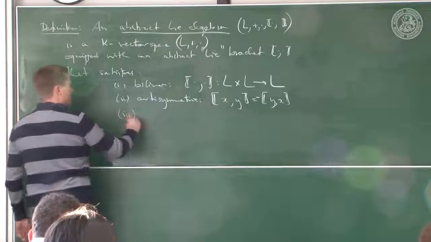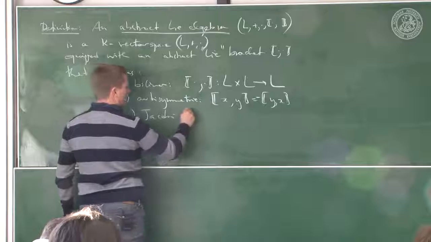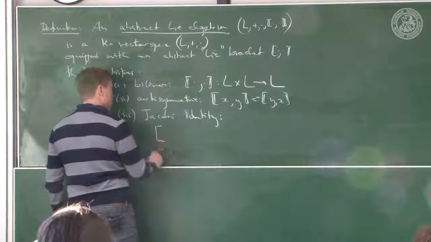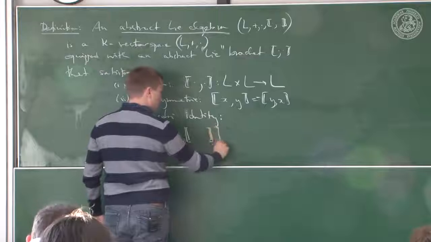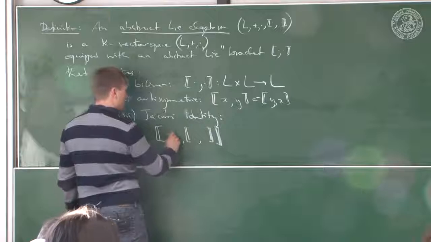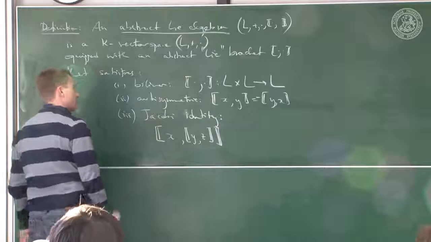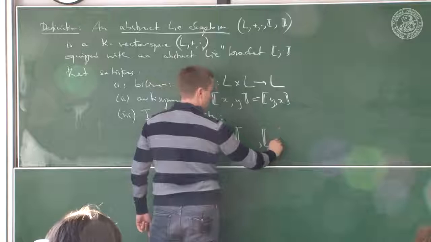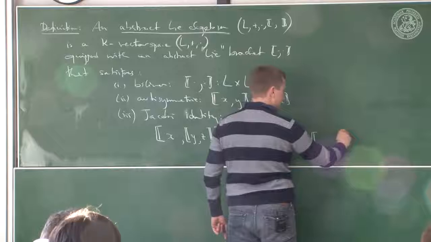And third property is that it satisfies the so-called Jacobi identity. And that's the following beast. So you look at nested brackets of this form, where you have an element x, y, and z. So the second entry here is a bracket in itself. And to memorize this, you write down the same pattern 3 times and you add it.